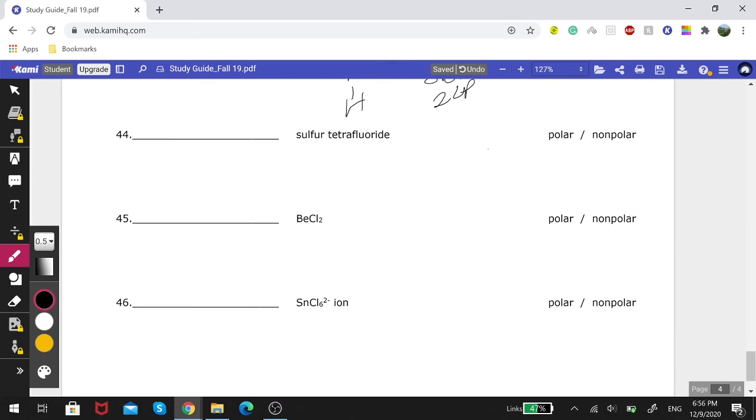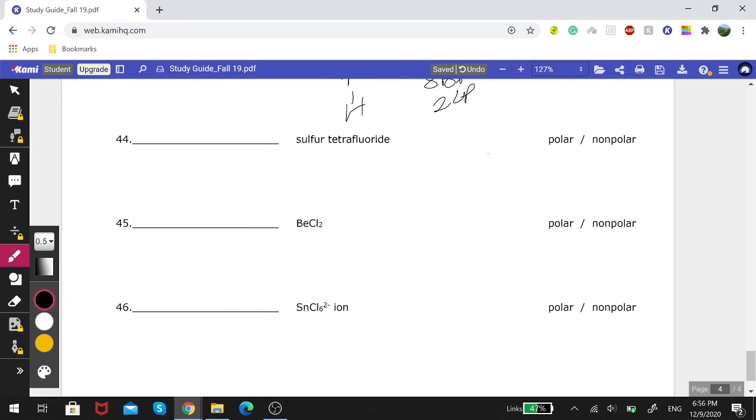Three more. Sulfur tetrafluoride. So SF4. Let's see what we have over here. F has, we've drawn this before, I swear. F has 7 times 4 plus S is a 6.